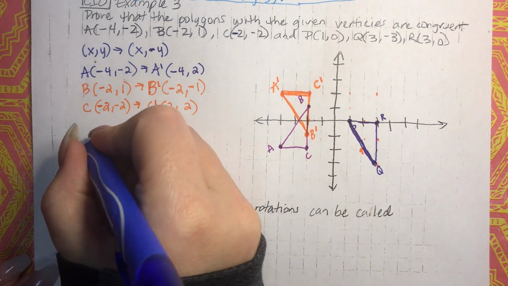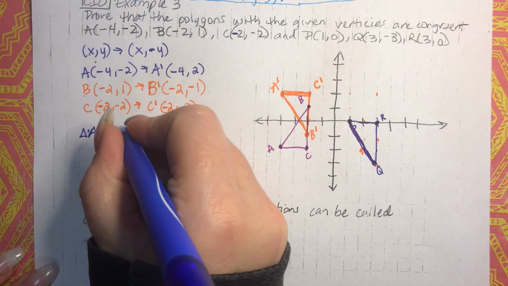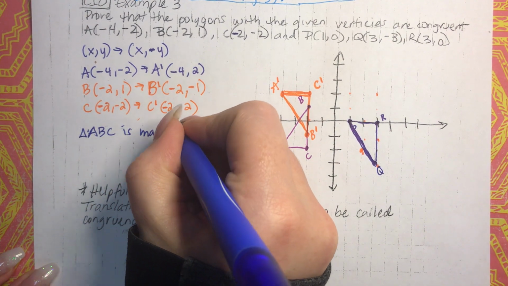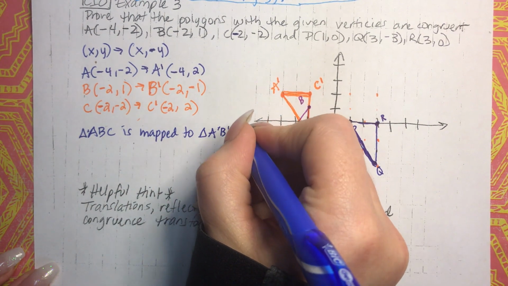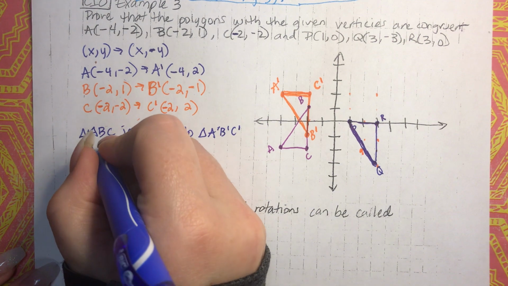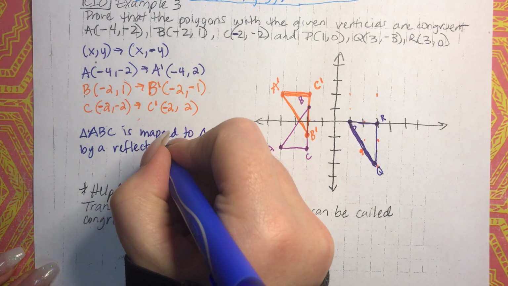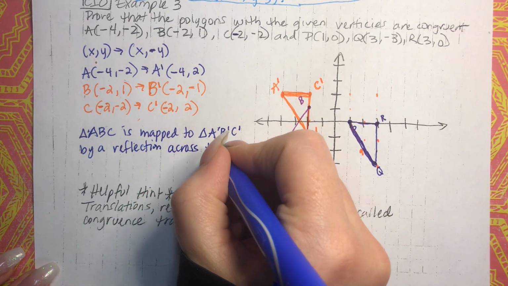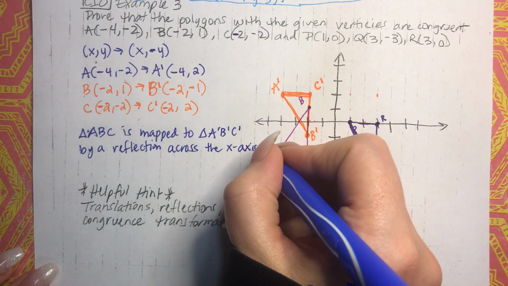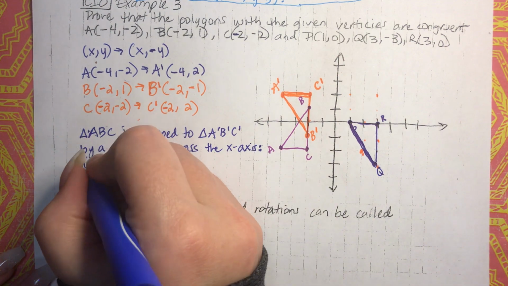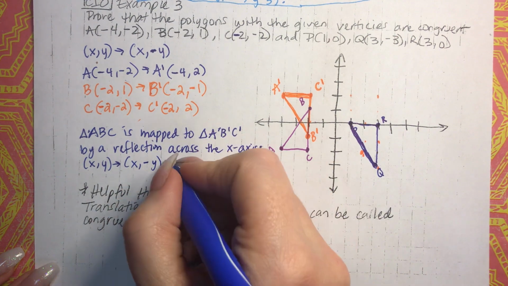We start here, and we could say that triangle ABC is mapped to triangle A prime, B prime, C prime by a reflection across the x-axis, which is (x, y) goes to (x, -y), okay?